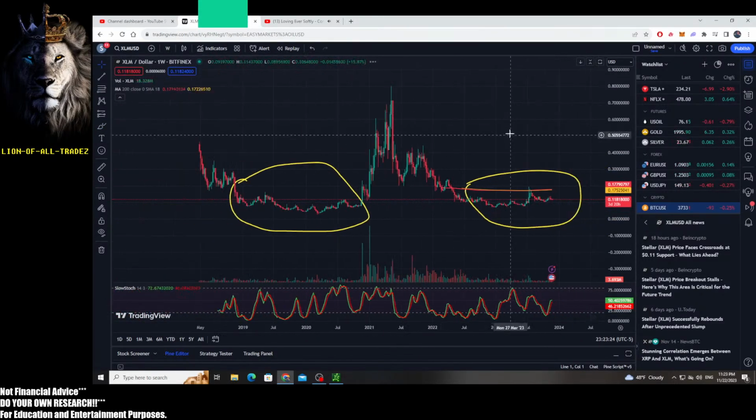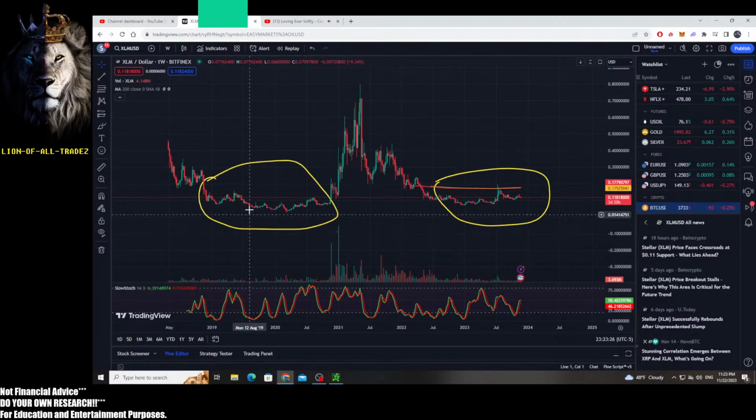So it just makes sense that this would be the ultimate opportunity, not financial advice, to get in at the bottom. This actually reached a high of 79 cents back in May of 2021.